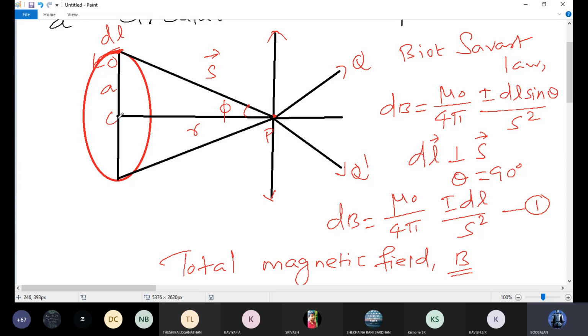From the diagram, C is the origin, the radius value is a, the current element is dl, and outside the point is P. CP is the position r, and the distance to P is the s vector. The current element and the s vector are perpendicular, so theta value is 90 degrees. You will get dB equal to mu naught divided by 4 pi I dl by s power 2, equation number 1.